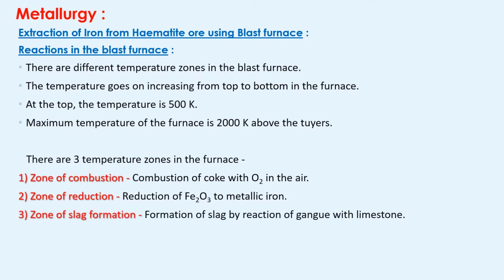And third is the zone of slag formation, means formation of slag by reaction of the gangue with the limestone. As you saw in the charge, we are taking limestone, which is a basic flux used for the formation of slag by reaction with the gangue.